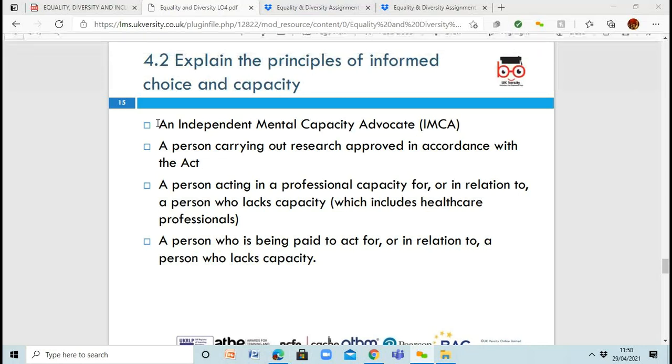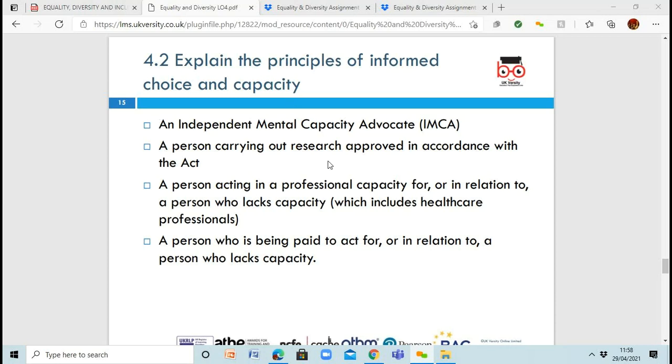So these people have to make sure that this Mental Capacity Act is followed. So an independent mental capacity advocate: if there's a person who doesn't have people acting in their best interest, they get somebody from a third party to come in.